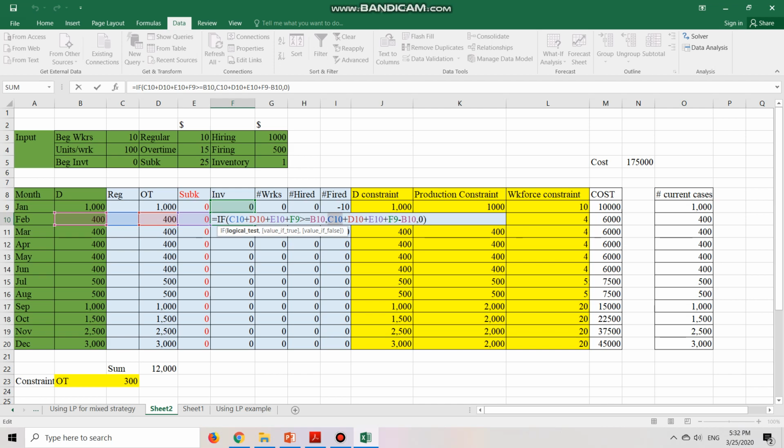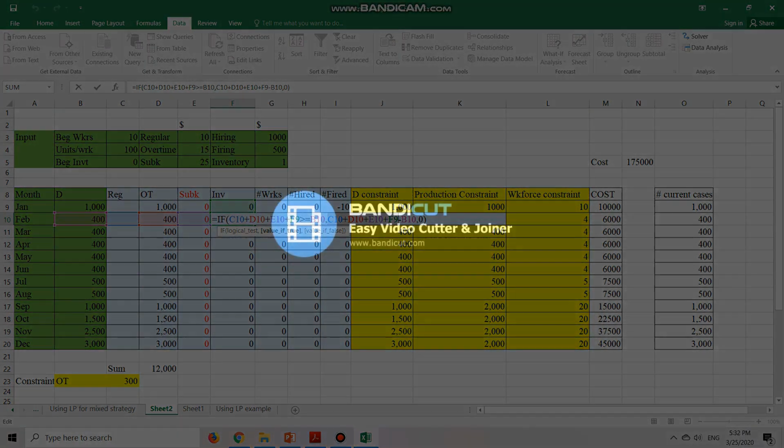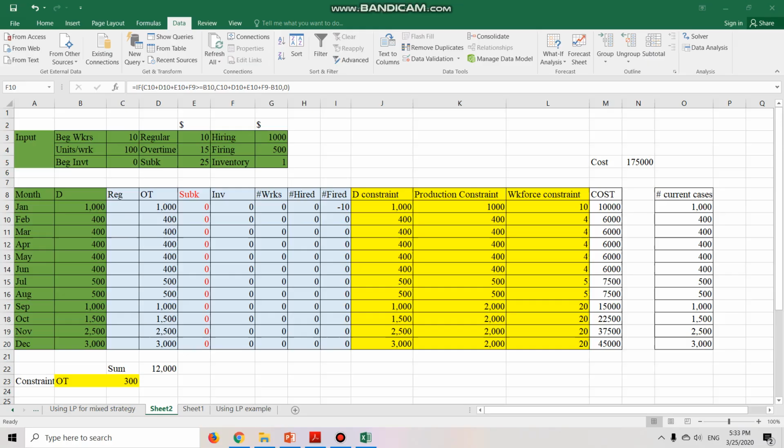And the inventory is equal to the total production quantity plus the inventory minus the demand. And if not, it will be equal to 0. So you have two ways to represent the inventory, either the max or the if function. Both are okay, so it depends on you. You think which one is easier for you, and you just choose it for yourself.